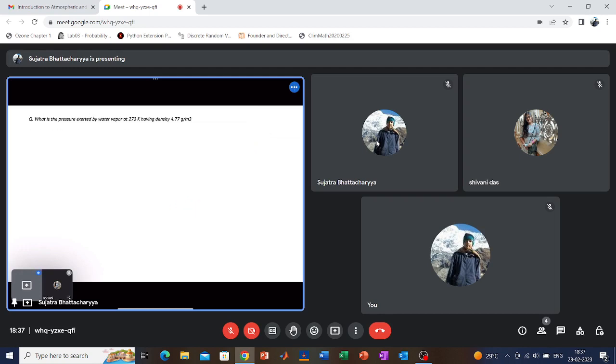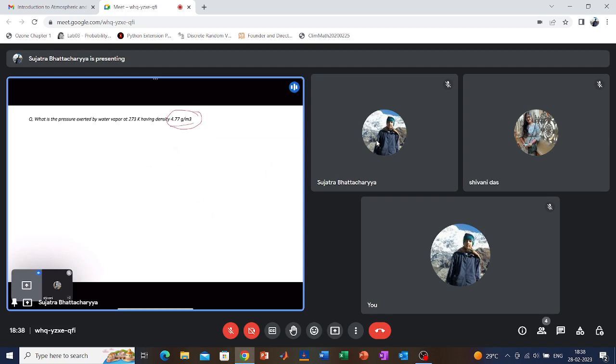Now the next question is, what is the pressure exerted by water vapor at 273 Kelvin having the density 4.77 grams per meter cube? Remember, this is not the SI unit. And we have already calculated this particular thing in one of the previous questions.